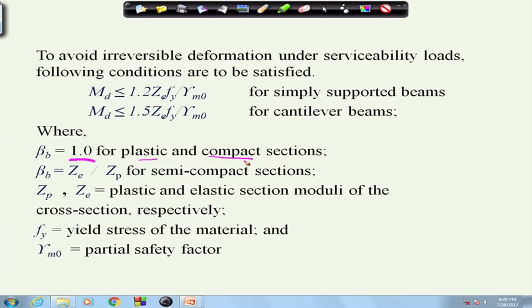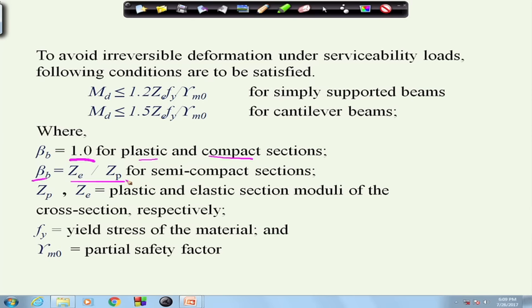For semi compact section we can consider Ze by Zp as the beta B value, where Ze is the elastic section modulus and Zp is the plastic section modulus.